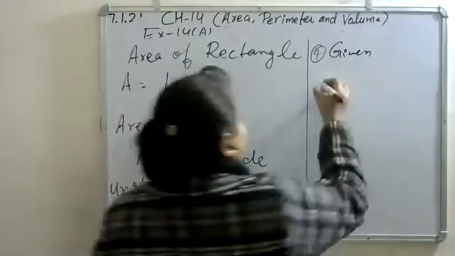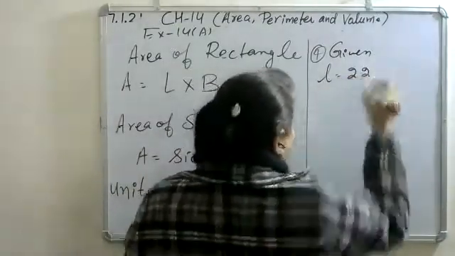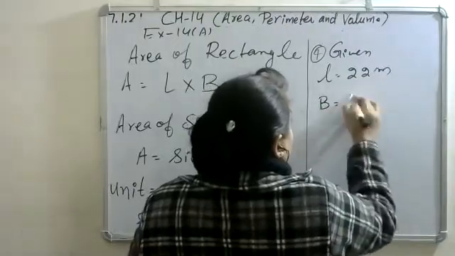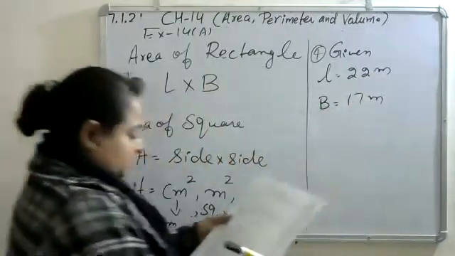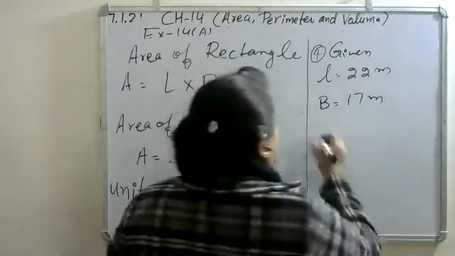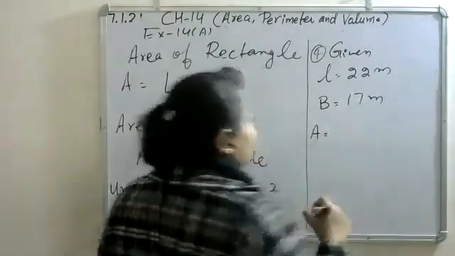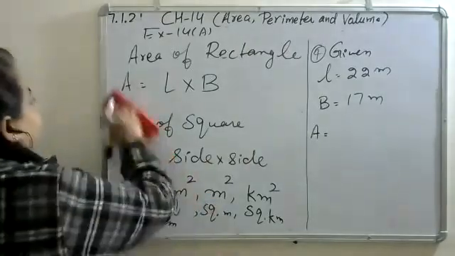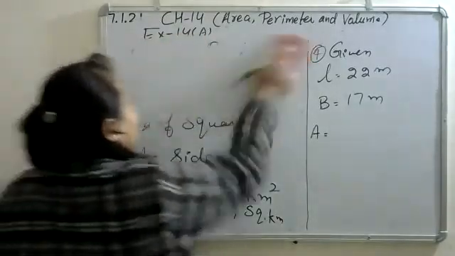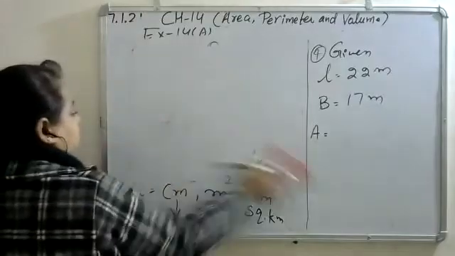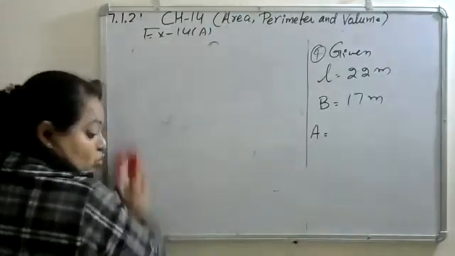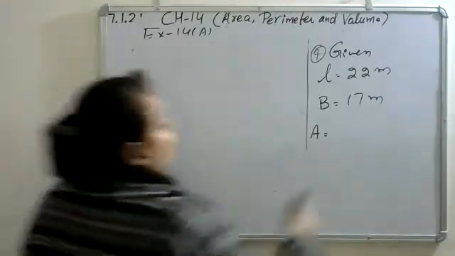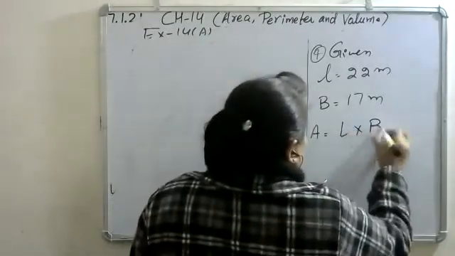Given length 22 meter and breadth 17 meter. Now the area is, now Pratigya, tell me the area of rectangle is? Students, the area of rectangle is? Ma'am, length multiplied by breadth.